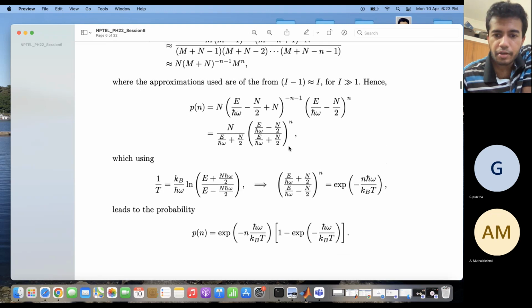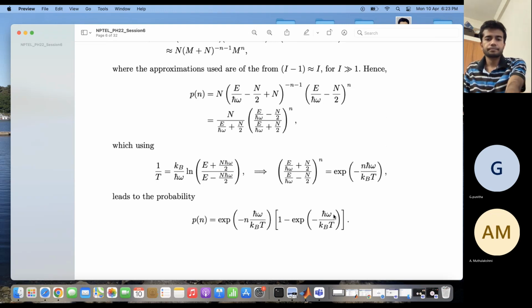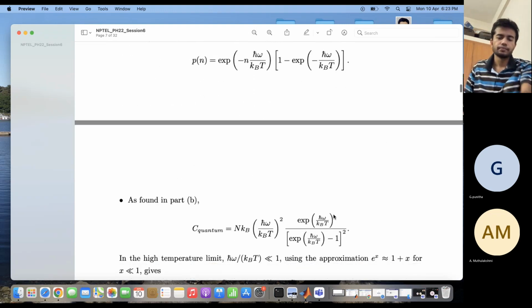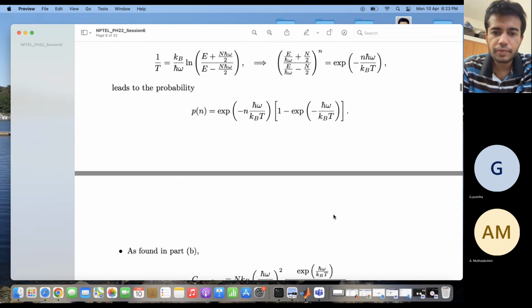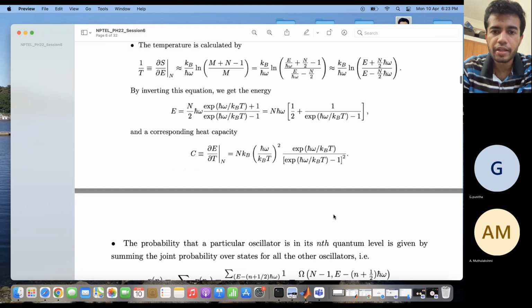So if I substitute this quantity back over here, then Pn becomes equal to e to the power minus n H cross omega by kBT into 1 minus e to the power minus H cross omega by kBT. So this is the expression for the probability of finding an oscillator in the small nth quantum level.